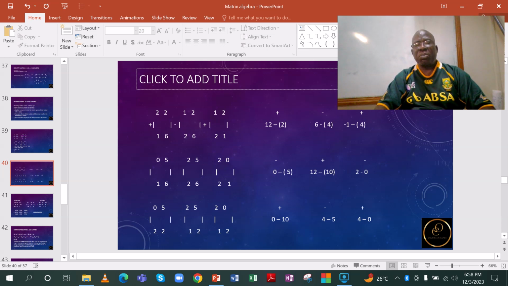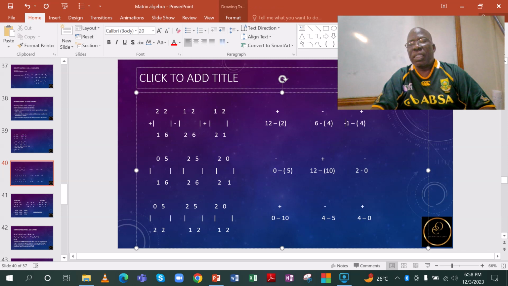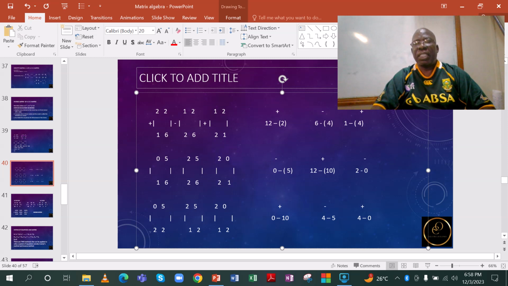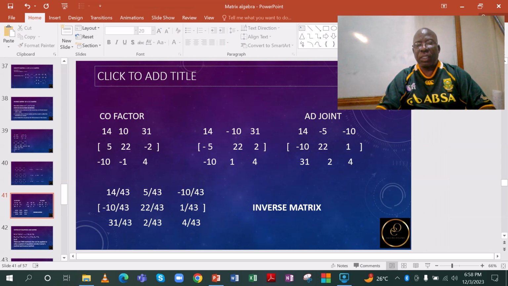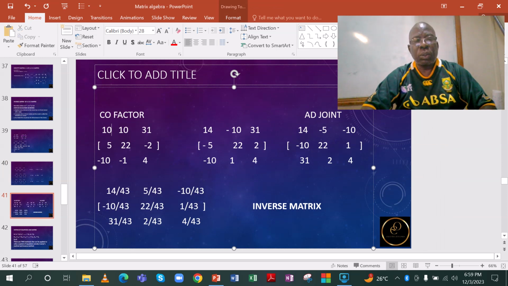This one basically will be a 10, followed by a 2, followed by a negative 3. That's how it is: 10, 2, negative 3.